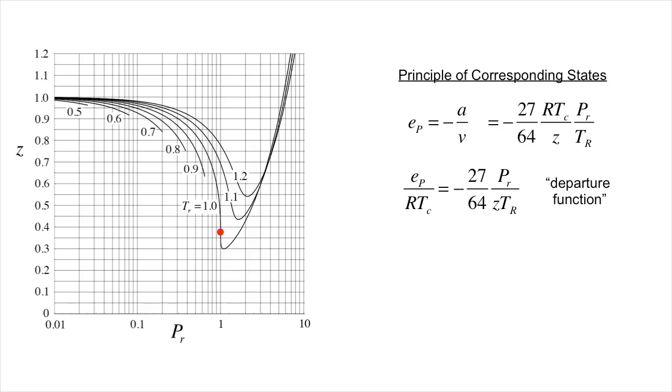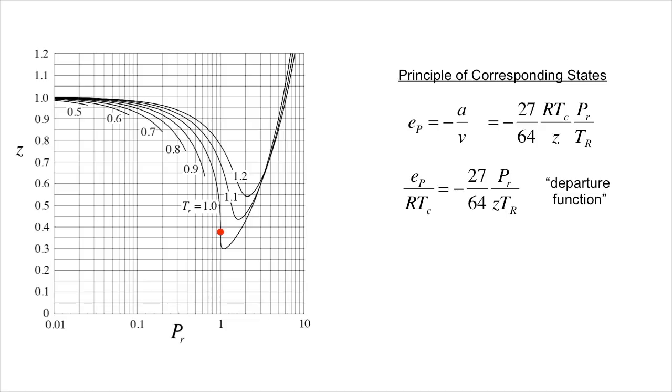Recall that according to the van der Waals model, the potential energy is given by minus a over V. If we substitute in the expression for a in terms of the critical properties, and then scale the potential energy to R times the critical temperature, we obtain a quantity that reflects the relative importance of attractive interactions to kinetic energy.